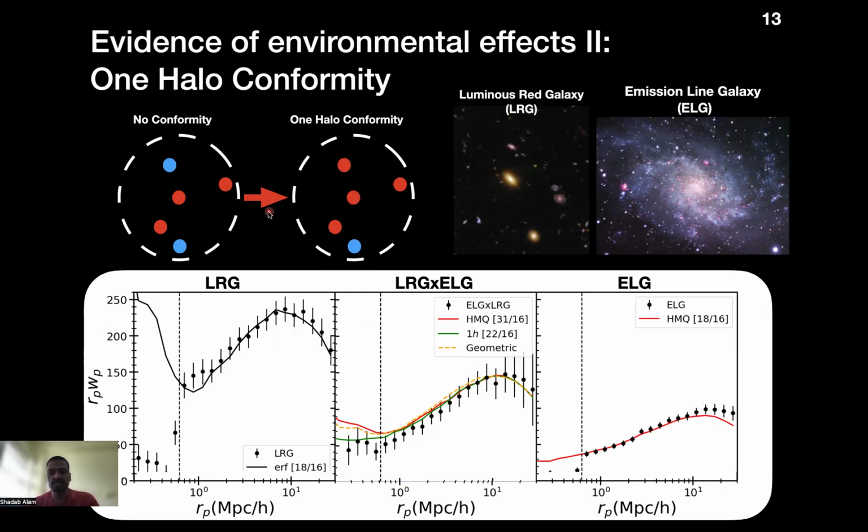If you put in this additional correlation, that these galaxies are conforming to the central galaxies, then you produce the green line, which is more consistent with data. There's about a 2 to 3 sigma detection of one-halo conformity in this signal.